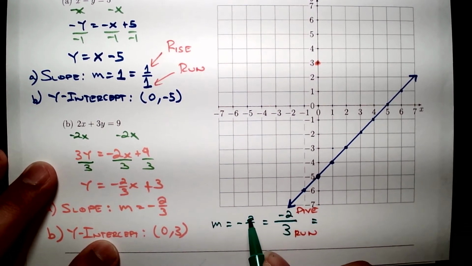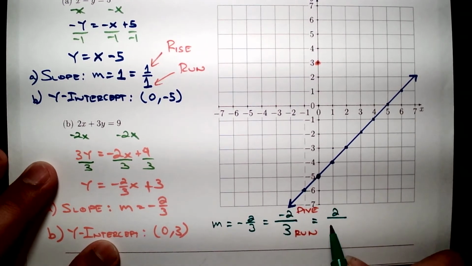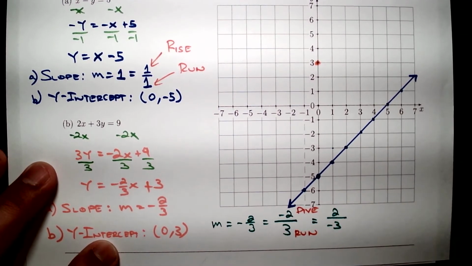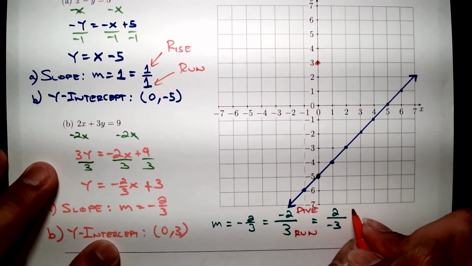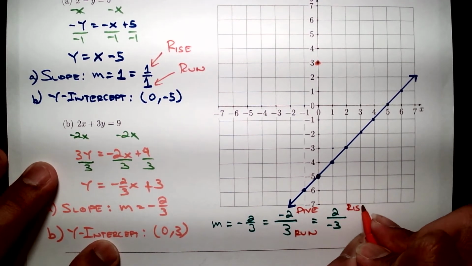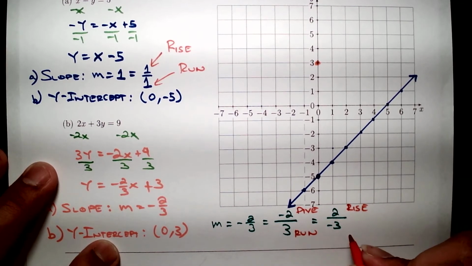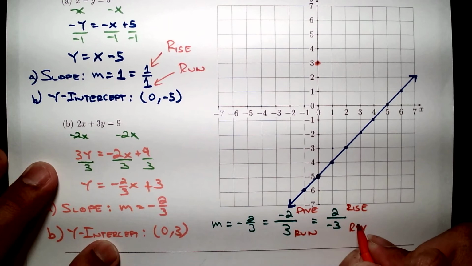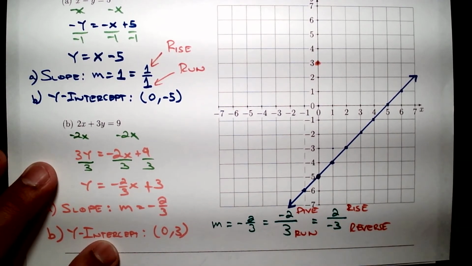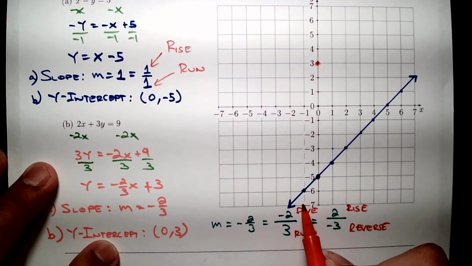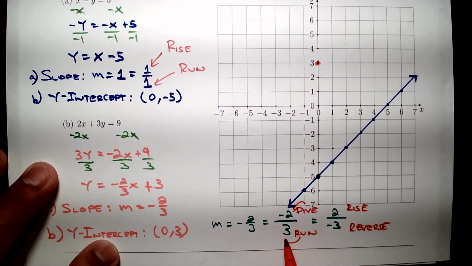Otherwise, you can write this number as 2 over negative 3, which means rise 2 and go back 3.